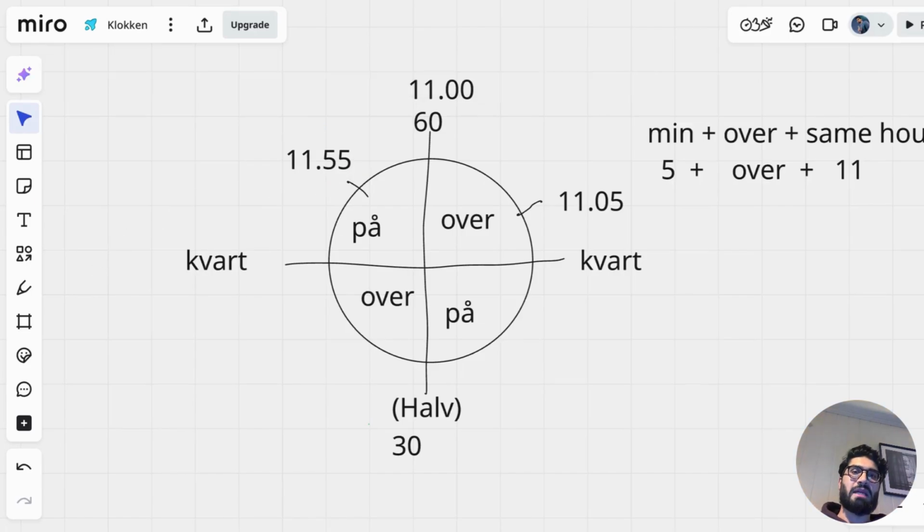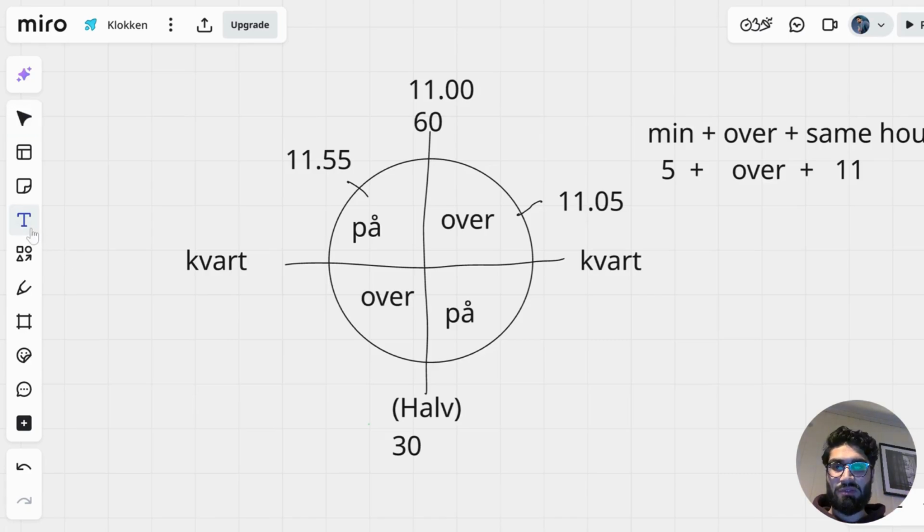One thing to mention is that the first 15 minutes we use the same hour. The next 45 minutes we use the next hour, but we write the same hour. As you can see, I have written 11:55, but when I say it, I will refer to 12 o'clock.